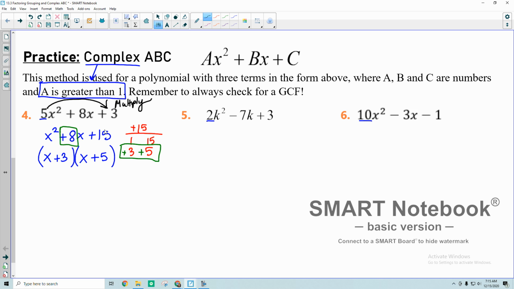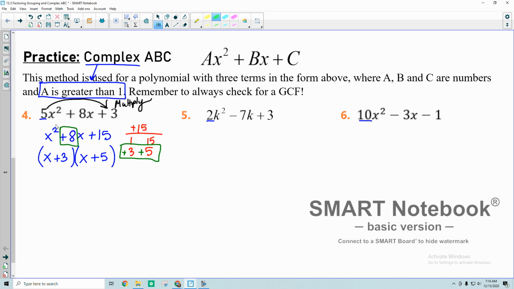All right, so since this is a complex ABC problem, at the end of this there's a little twist. I know that we changed to a simple ABC and we did the normal factoring that we were supposed to do, but since this was actually a complex ABC at the beginning, there's a little thing we have to do at the end, okay?